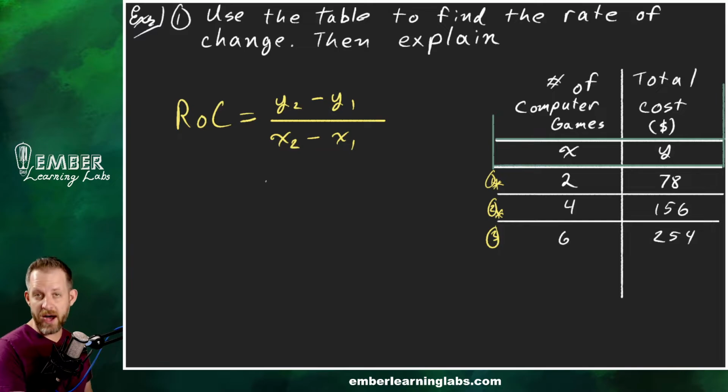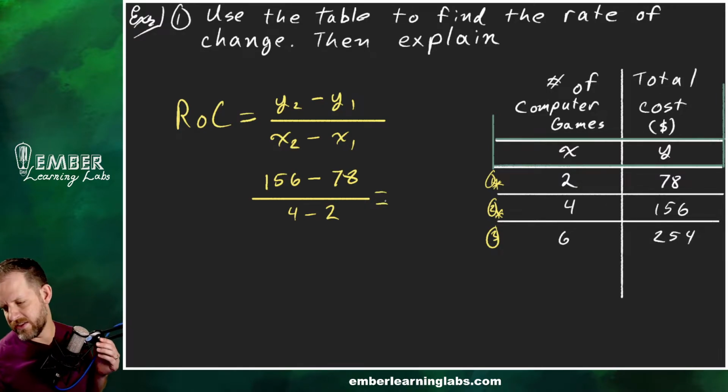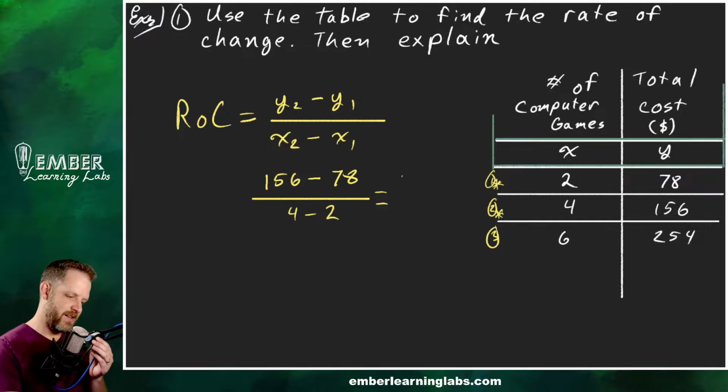We put y's on the top, so 156 minus 78, over the x's on the bottom, 4 minus 2. 156 minus 78 is 78.